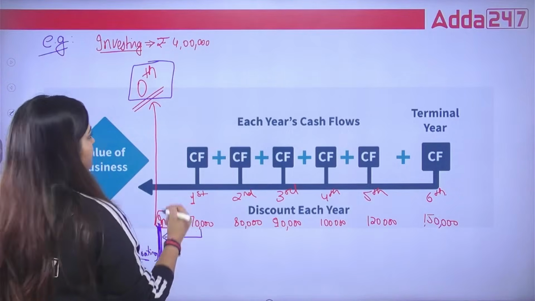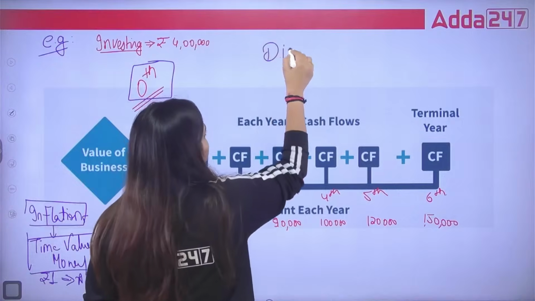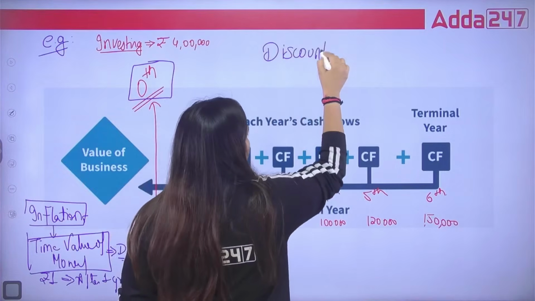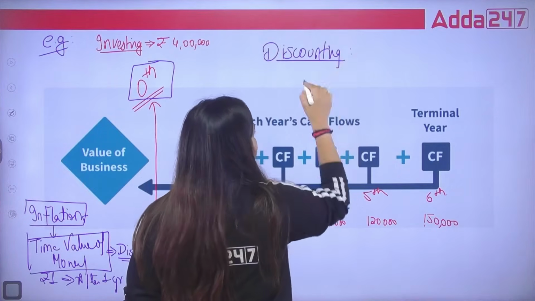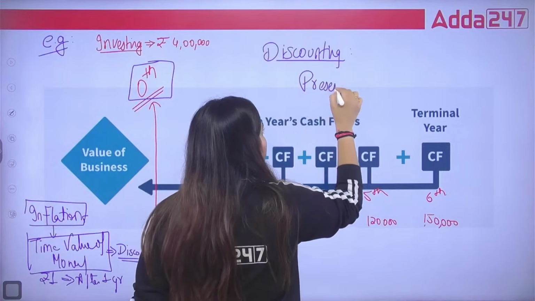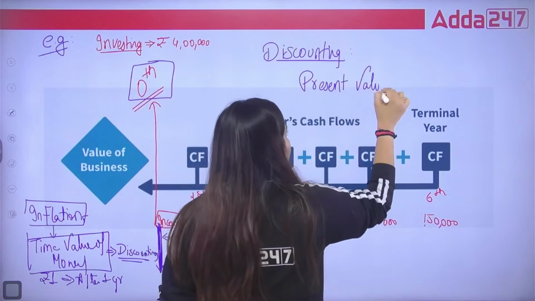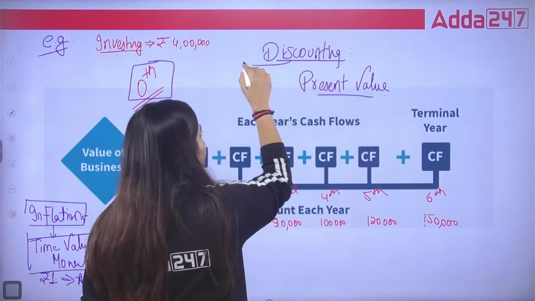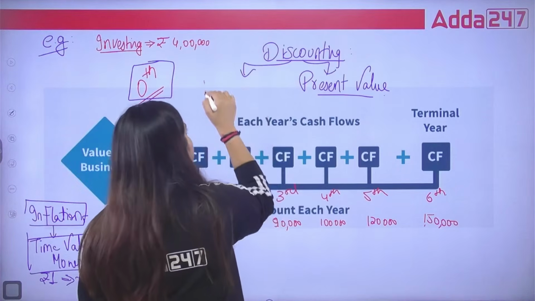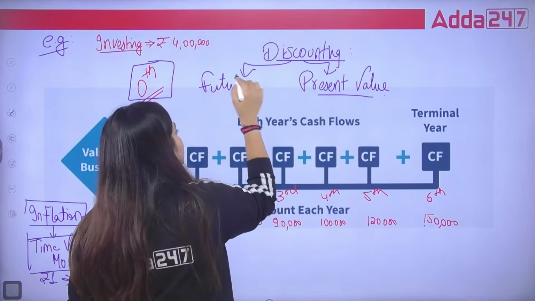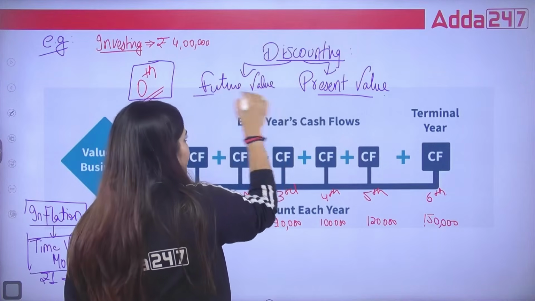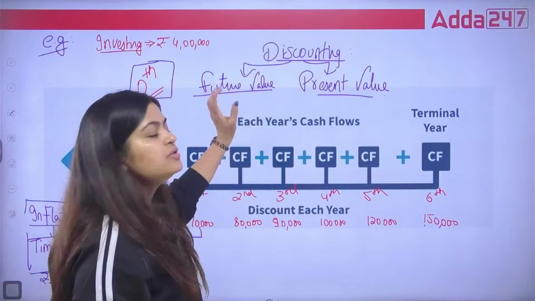So what is the formula of this discounting? The discounting formula, or you can say the present value formula. Under this discounting, we have two sides. One is your present value and one is your future value. So if you want to know after 10 years, after 12 years, the true value, that time you will use future value.